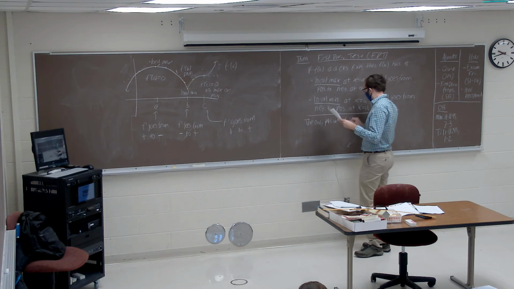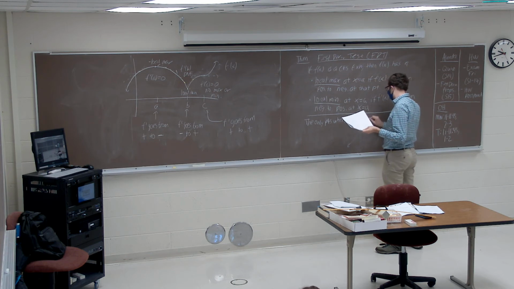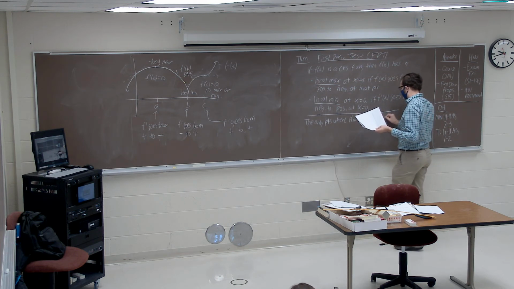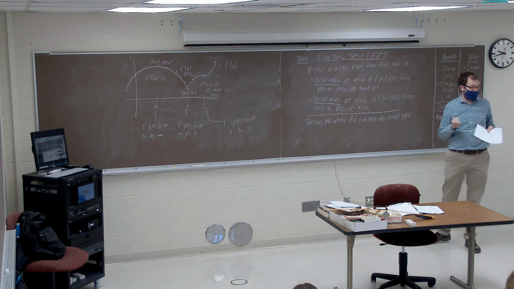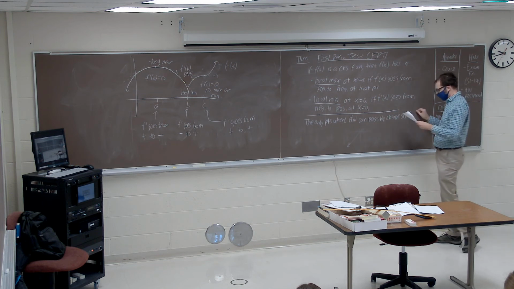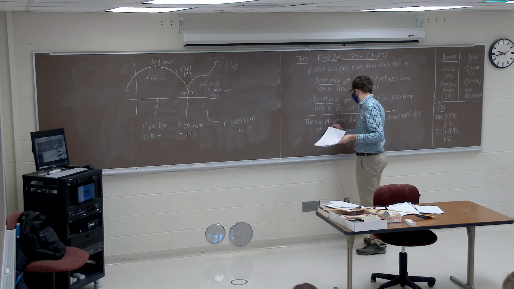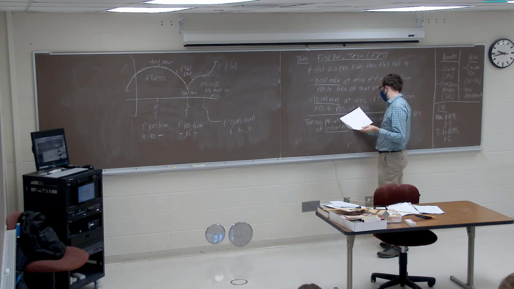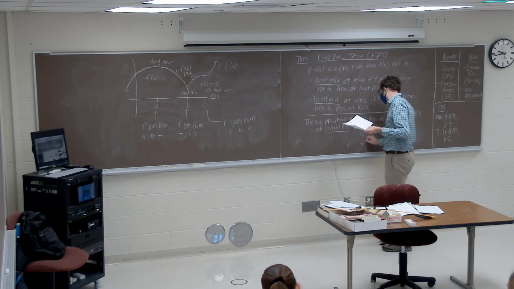So in other words, the only points where f prime of x, let's say, can possibly change signs, and by change signs, I mean go from positive to negative or vice versa, are at critical points, where a critical point is where either f prime of x equals 0 or f prime of x does not exist.